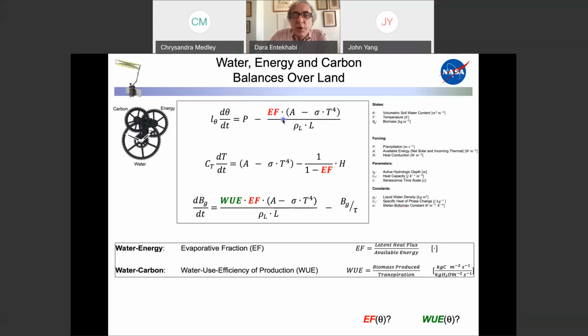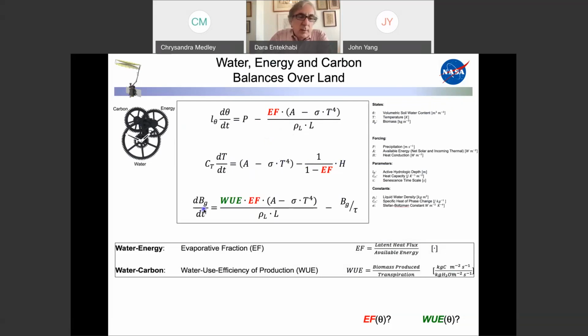We write evaporation, or the loss, as evaporative fraction, which is the fraction of latent heat to available energy. So it's a dimensionless number between 0 and 1, which multiplies available energy. This is the evaporative loss, which is dominant for vertical exchanges. Then you have the heat exchange, which is the available energy minus the sum of latent heat flux and sensible heat flux, which together are the turbulent fluxes. So this is standard energy balance.